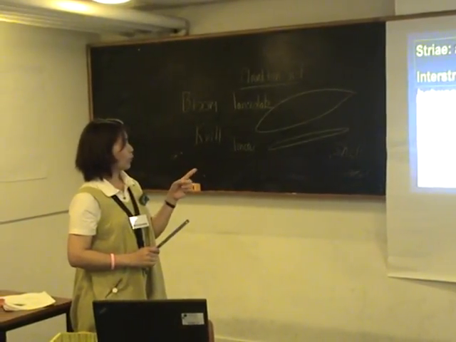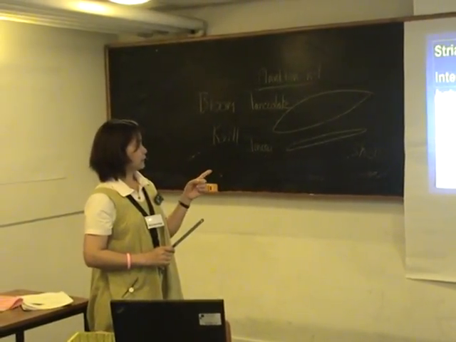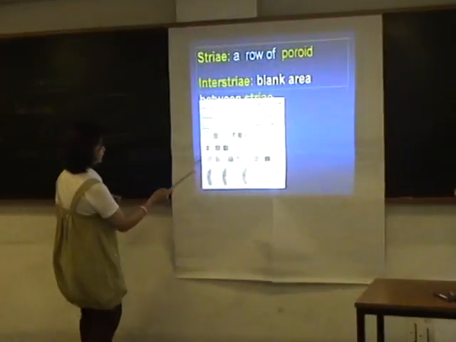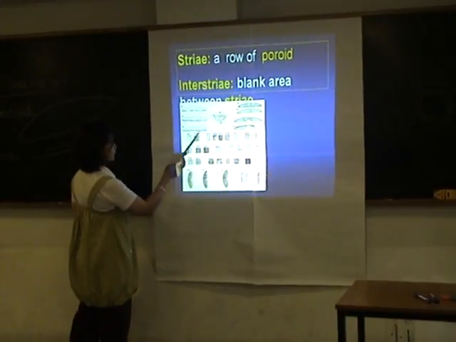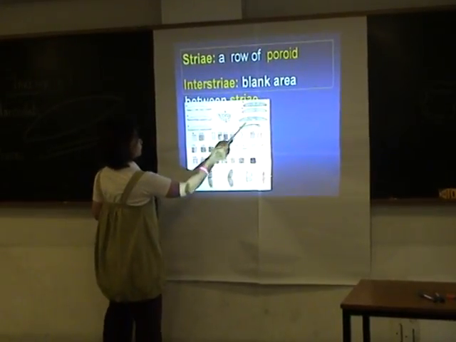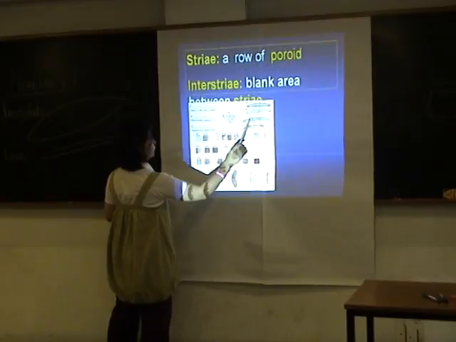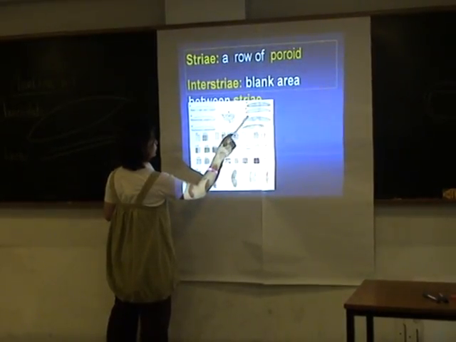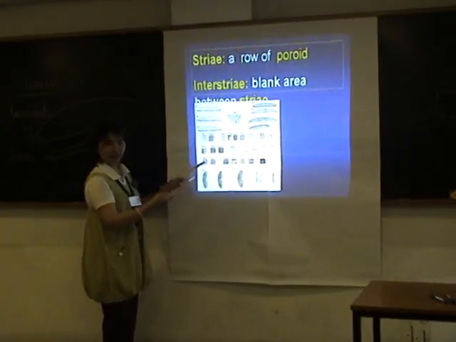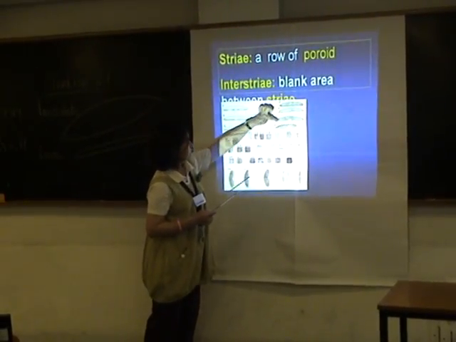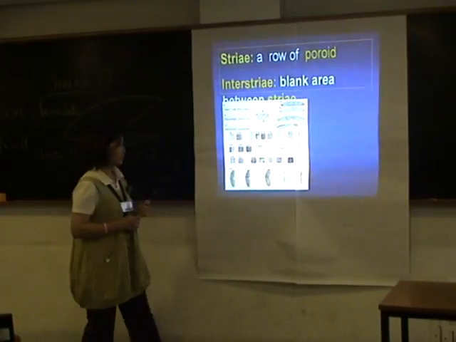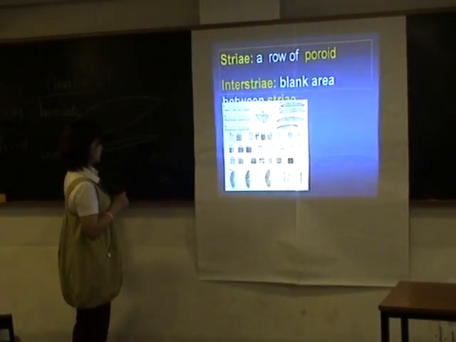Striae are the rows of poroids, and interstriae is the bank area between them. That means if it is a cell of diatom and then has a poroid to sit here, a small poroid, and when you see, it looks like this, it looks like it has a step here. Maybe it's hard to see from this.